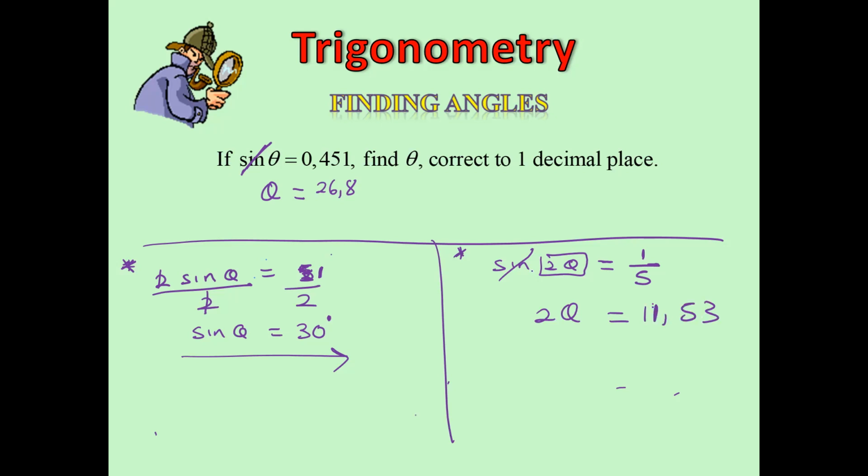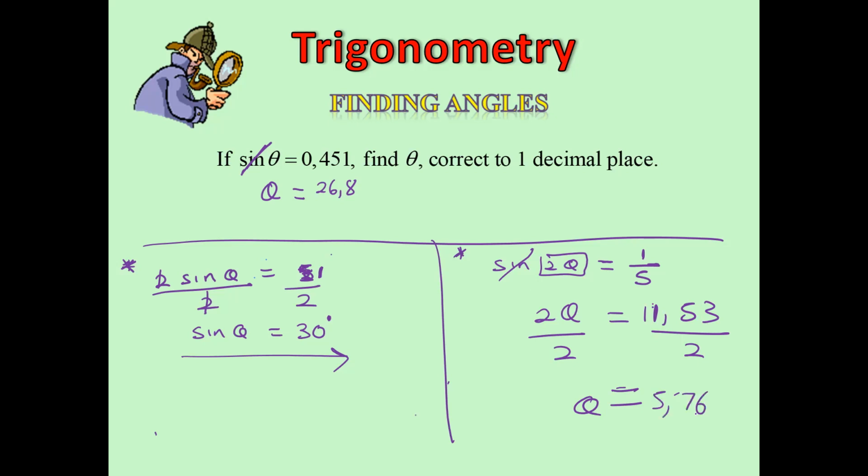Now that you've got rid of the sine, you can divide both sides by 2 to find theta. So we get 11.53 divided by 2. Give me an angle. It's 5.76. All right.